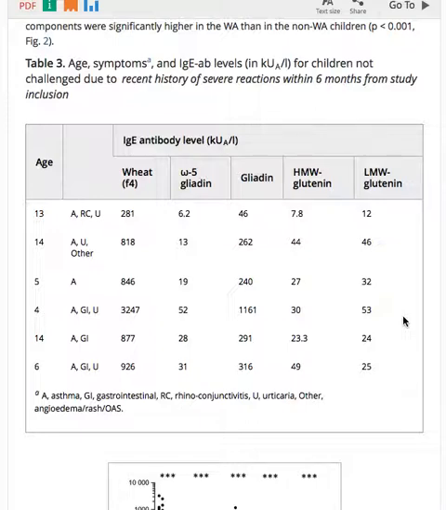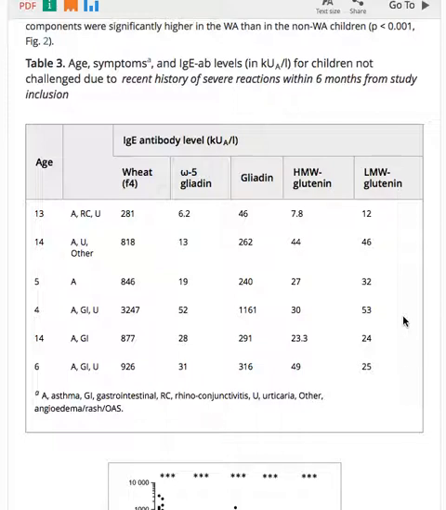So children that reacted, these are the children that could not eat due to their previous symptoms. The children that did react and have higher levels to these 4 different wheat-specific components showed that it's useful in differentiating clinically relevant sensitizations to wheat.